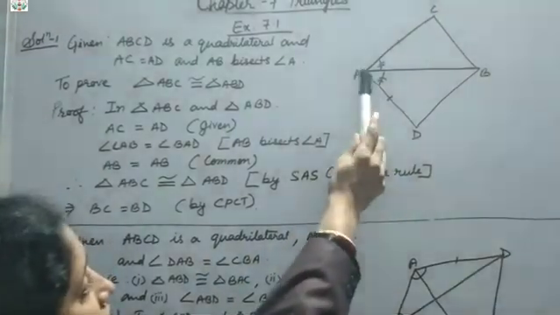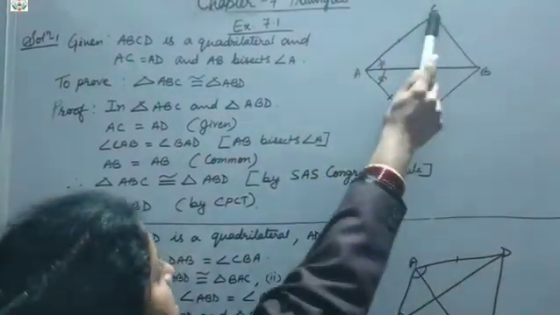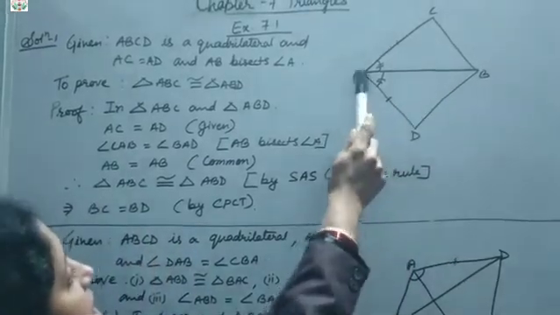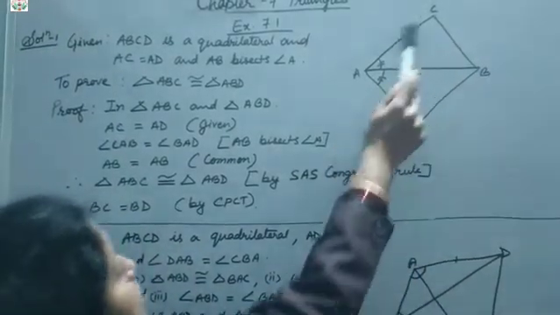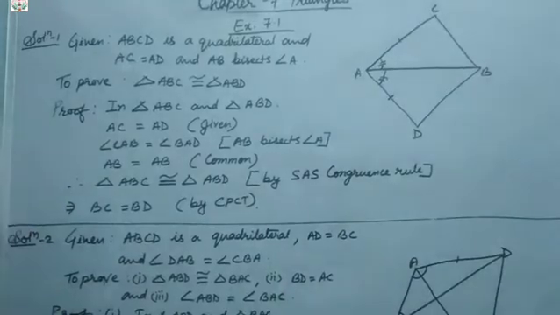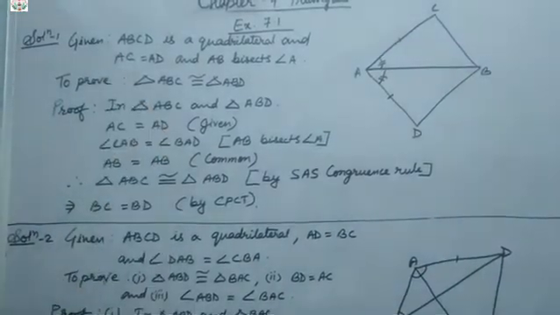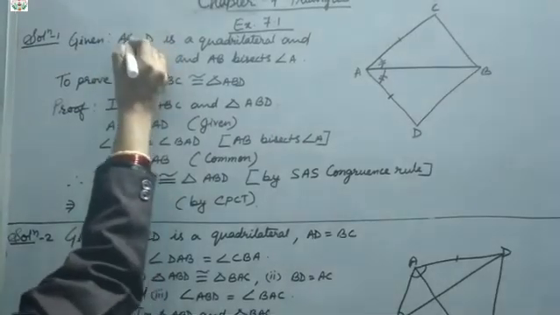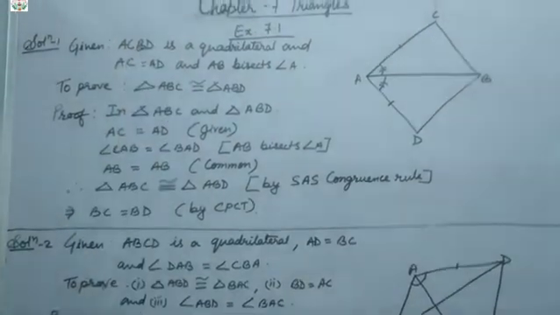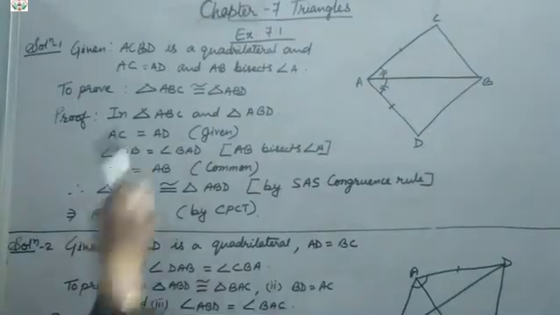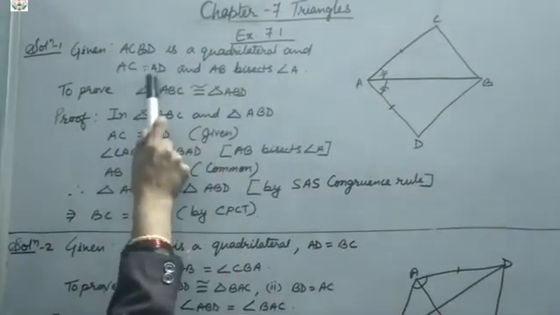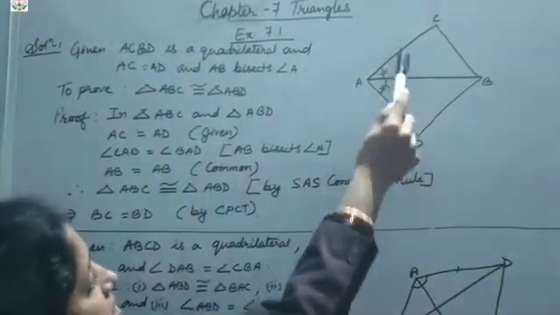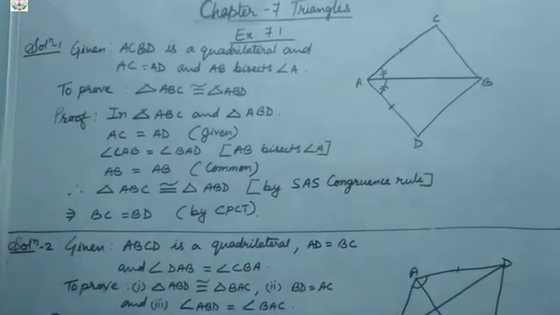See first the figure. ACBD is a quadrilateral. Given here, you can write AC equals AD, means this part is equal to this part, it is given.